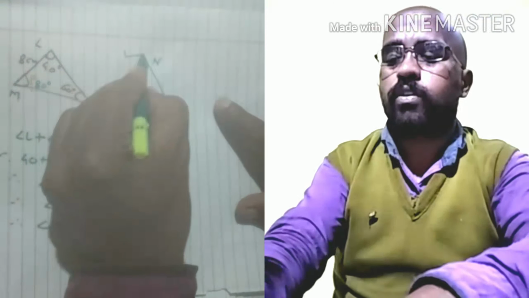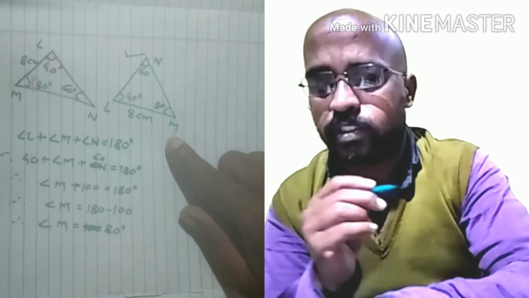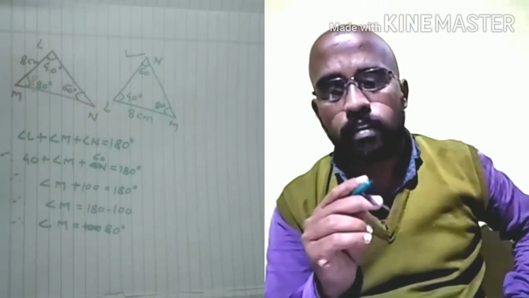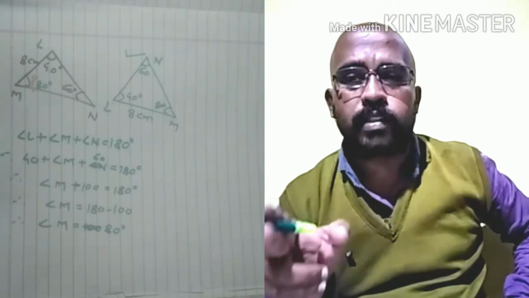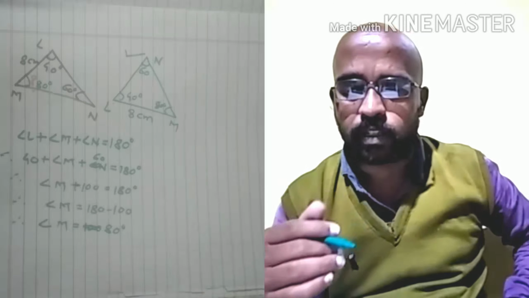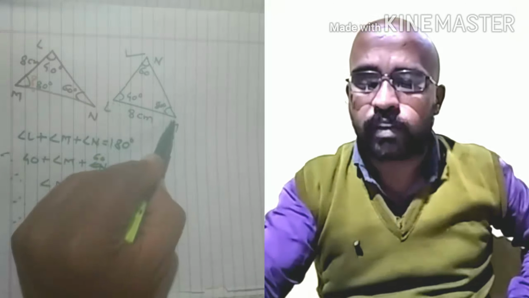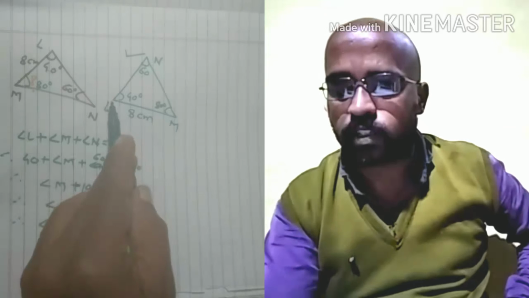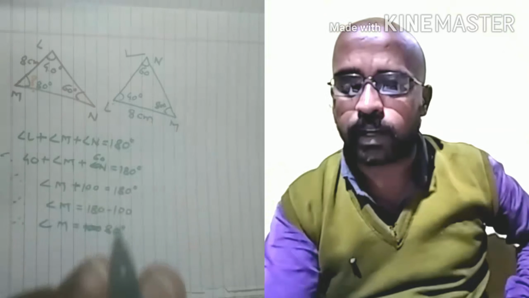Now can we draw a triangle of such type where two angles and the side included between them is given? Definitely we can draw it by the method we used in the previous video. So let's start by our trick. First, information about one side is given, so let's draw that side. Let's draw LM of 8 centimeter.